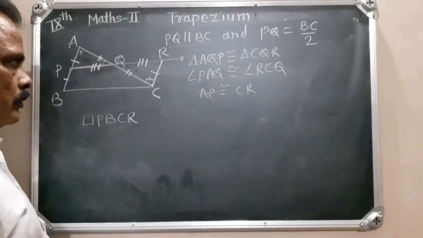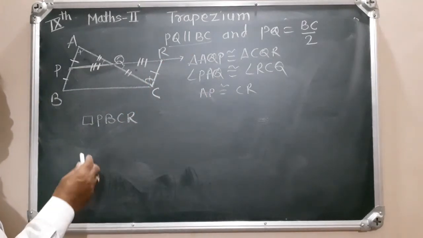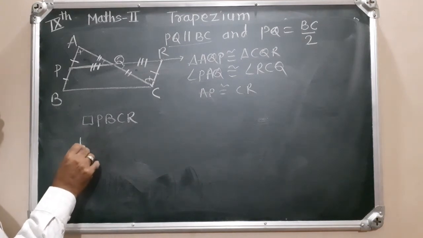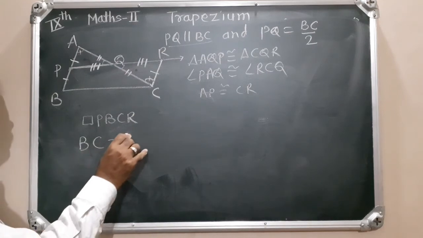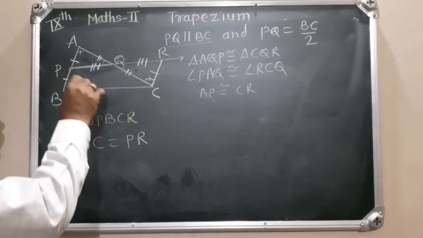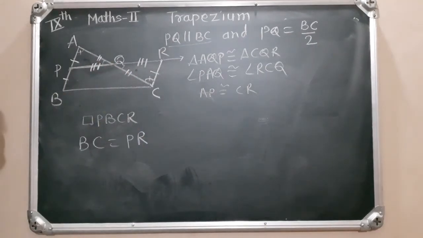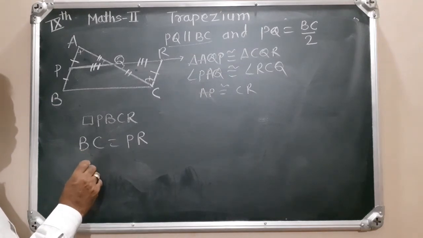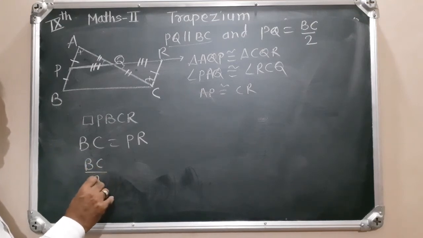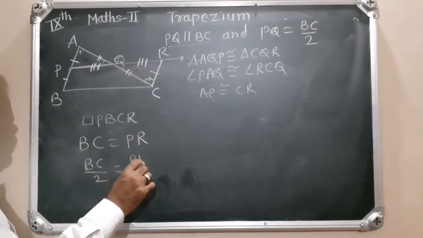This way it is proved. Then again we know that BC is equal to PR, opposite sides of a parallelogram are congruent. Dividing both sides by 2, BC upon 2 is equal to PR upon 2.